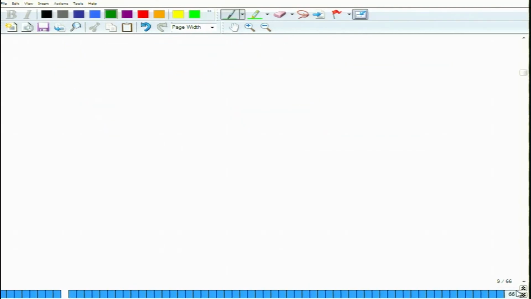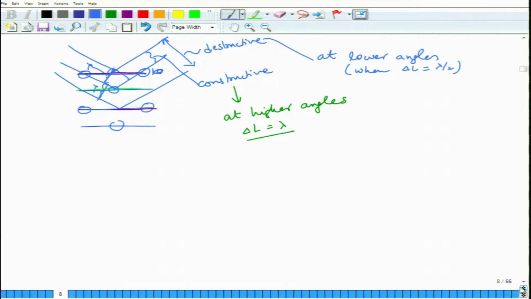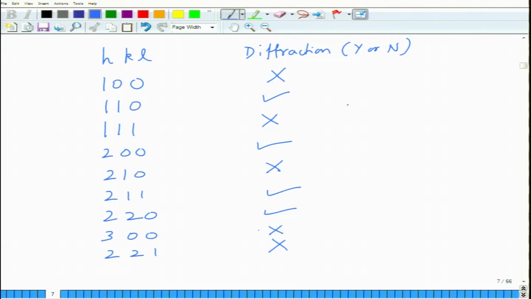Now similarly if you do the same analysis for FCC, I will leave you as a home exercise. These are basically called extinction conditions.